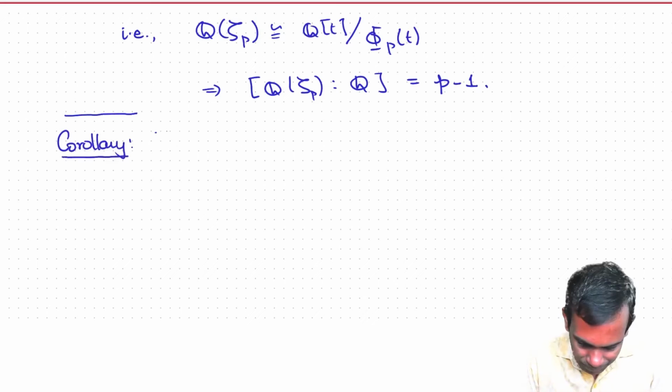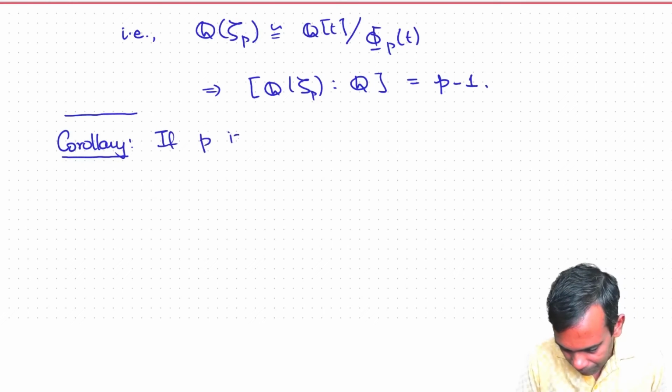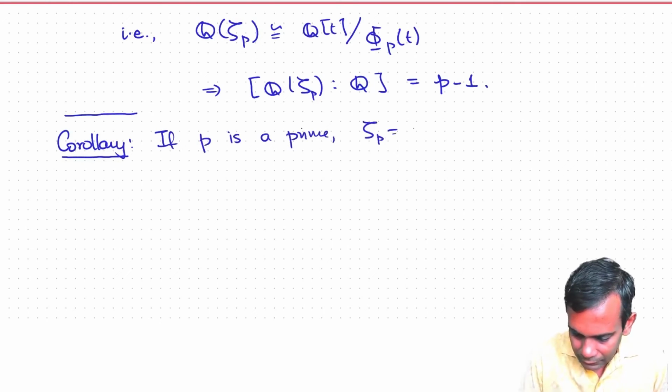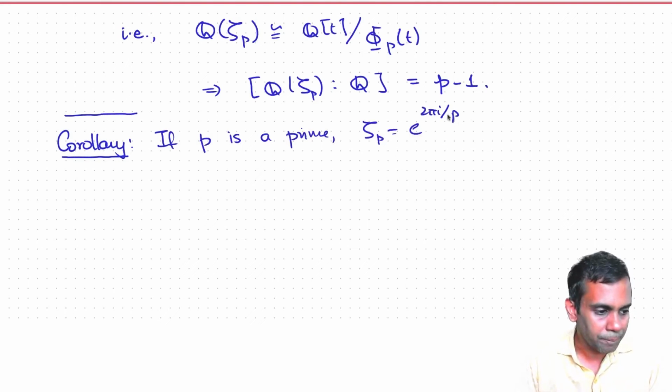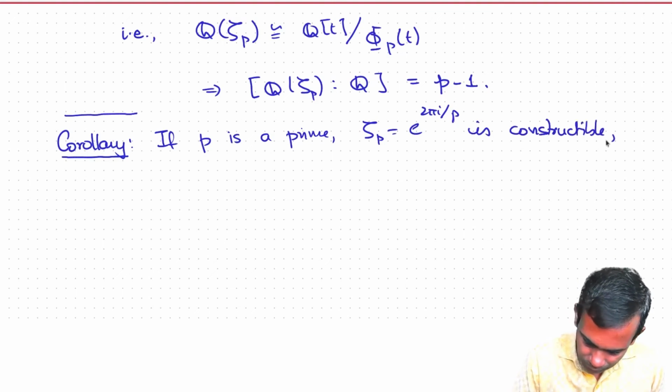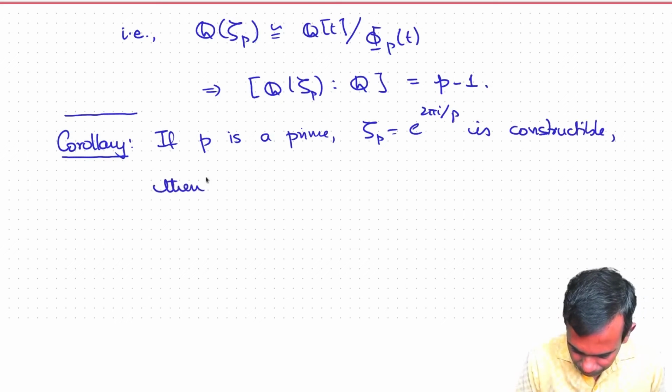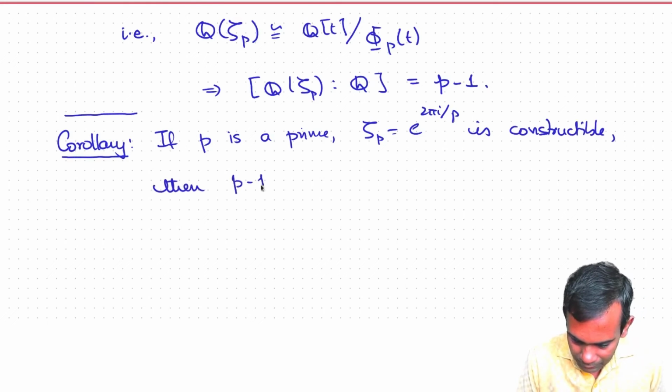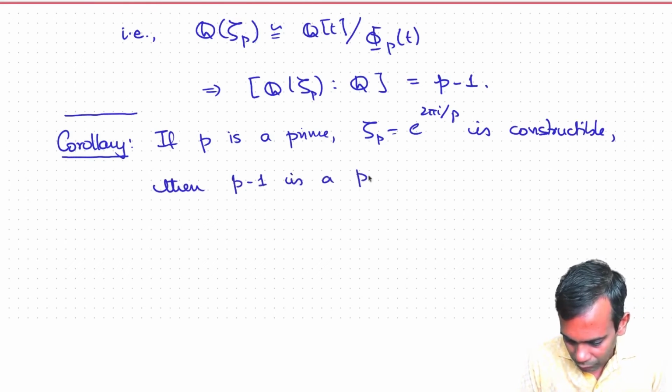If p is a prime and zeta p is e to the 2 pi i by p, is constructible, then p minus 1 is a power of 2.